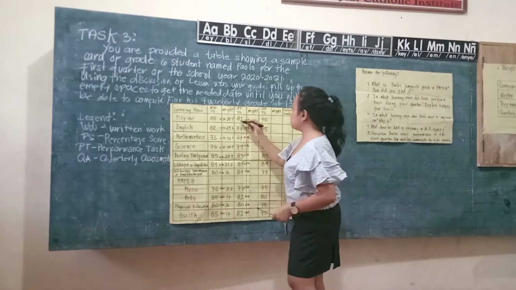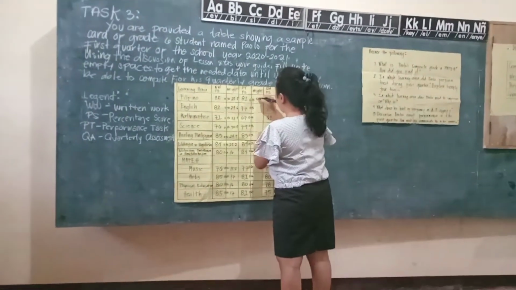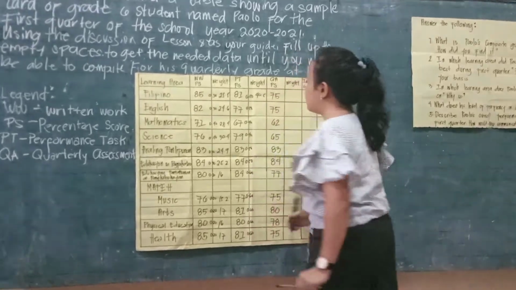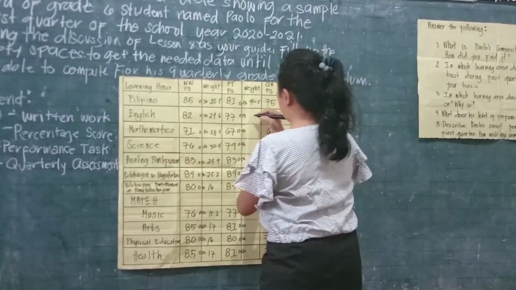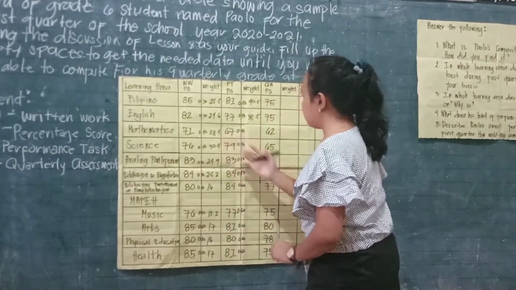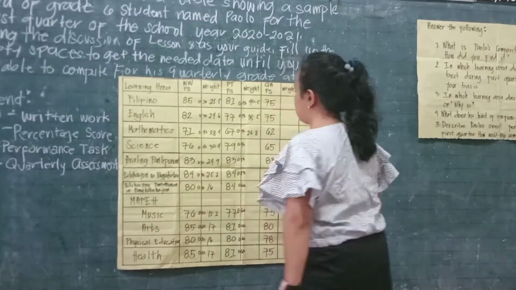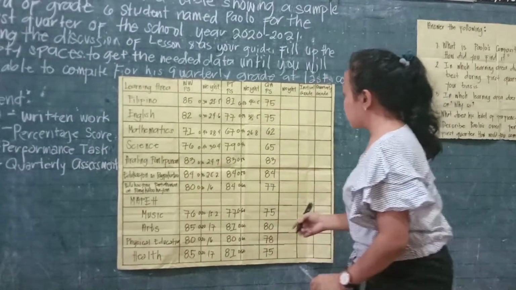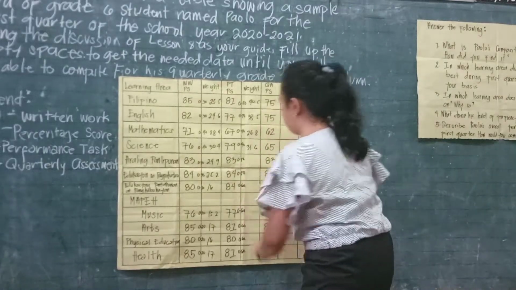So, 81 times 0.50 would be equal to 40.5. 77 times 0.50 is equal to 38.5. 67 times 0.40 is equal to 26.8. 79 times 0.40 is equal to 31.6.